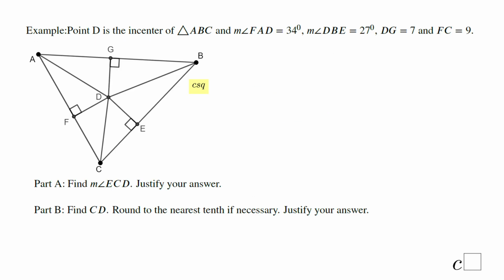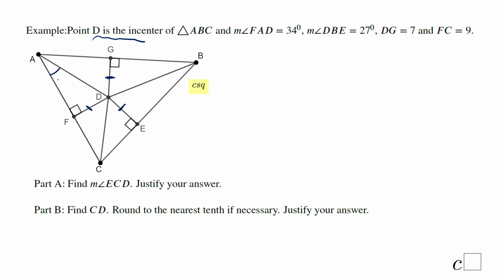Okay, and the next problem we have a very similar situation. Point D is the incenter, so that means it's equidistant from the sides of the triangle, and the measure of angle FAD is 34.